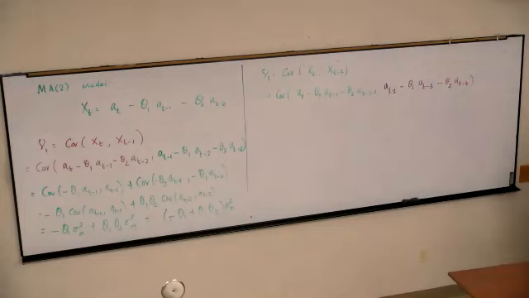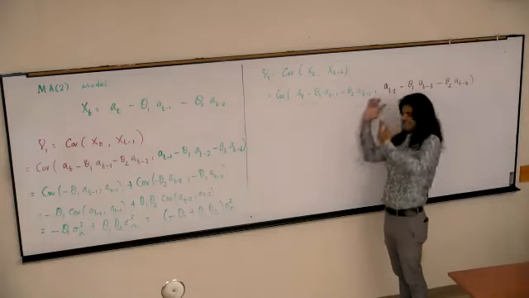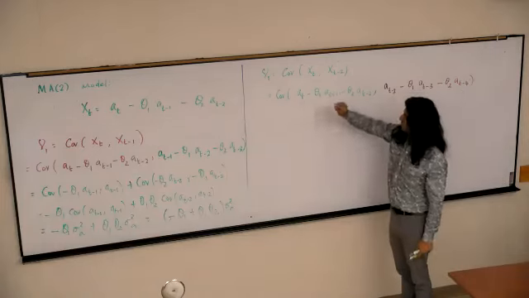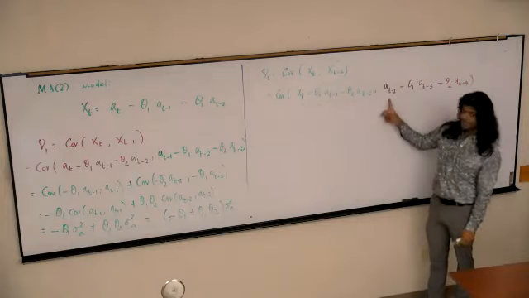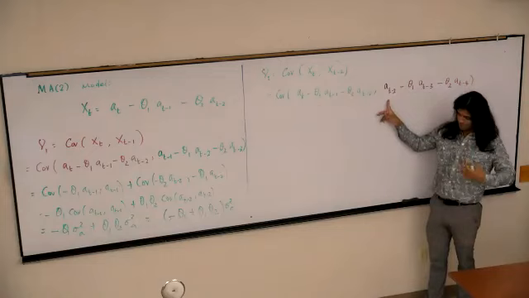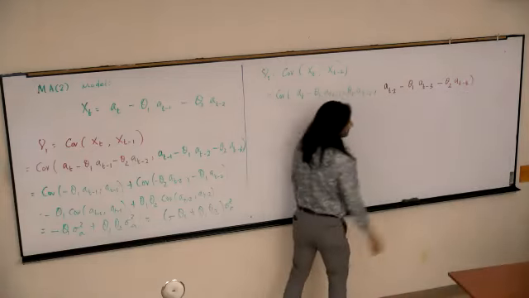Designating the covariance, do we expect a relationship between a_t and a_t minus 2? No, so disregard. a_t and a_t minus 3?